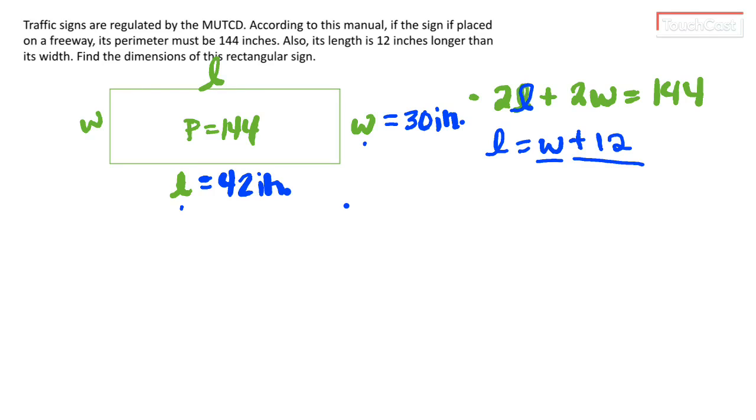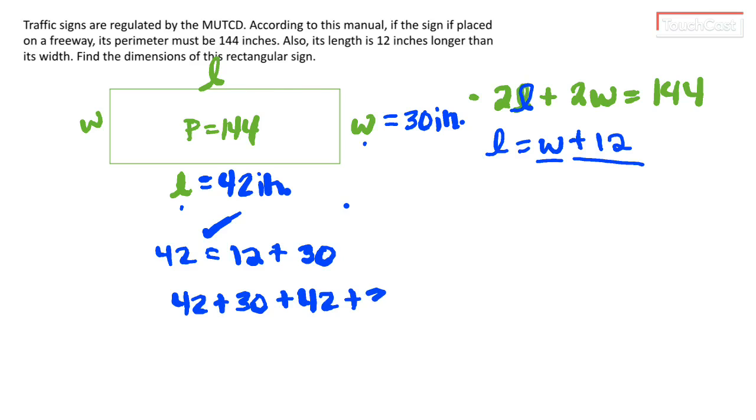And it's a good idea to check and make sure that both statements hold true. So 42 is 12 inches more than 30. Yes, that works. And then if we add all the sides together, so 42 plus 30 plus 42 plus 30, all the way around the outside, do we get 144? Yes, we do.